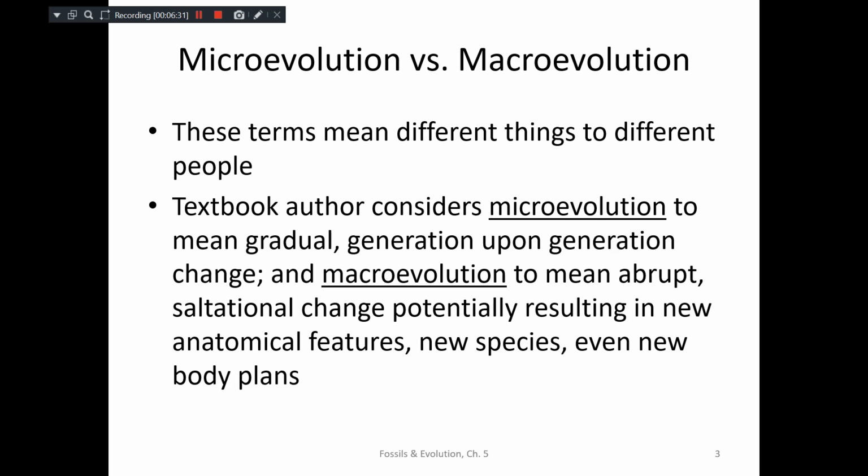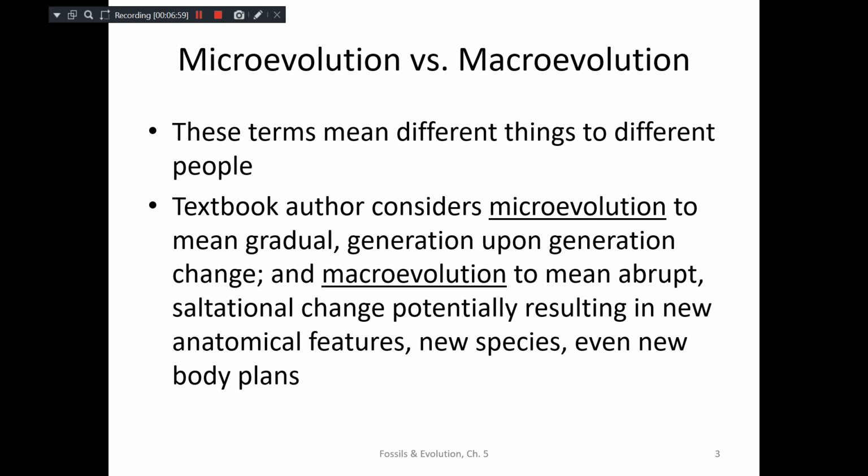The textbook authors consider microevolution to mean gradual, generation upon generation change. And macroevolution means abrupt saltatory or saltational changes, potentially resulting in new anatomical features, new species, even new body plans.